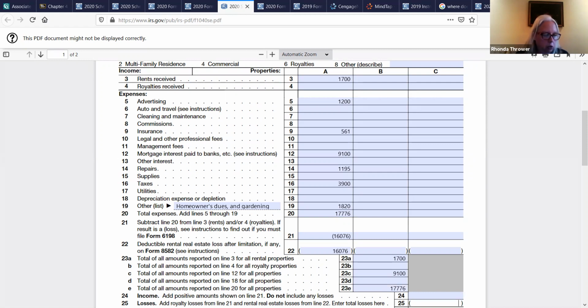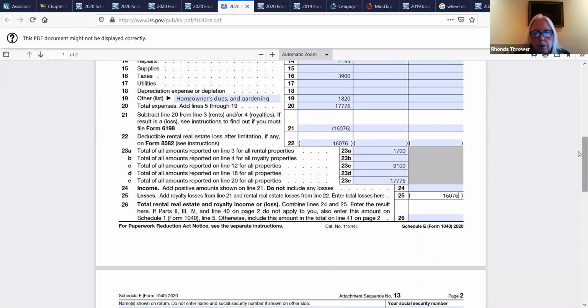And we're going to enter 16,076 here as a loss. And then on line 26, we're going to combine lines 24 and 25. So again, it's a loss here.